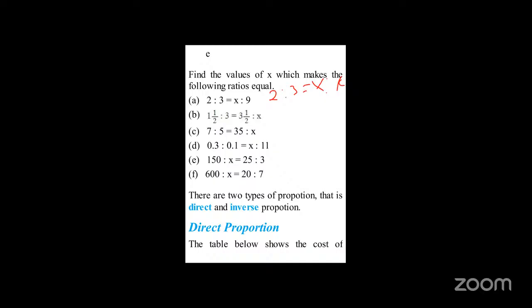So utaiandika as a fraction so that ikuwe ni 2 over 3 is equals to x all over 9. So ukiangalia utaequate tu hizi za hapa chini.